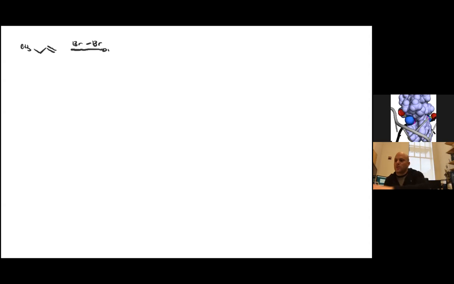And again, I can draw the product straight away. And this is, for example, how we would have drawn it before, right? We avoid stereochemistry. Draw it planar, but this center is a stereo center.